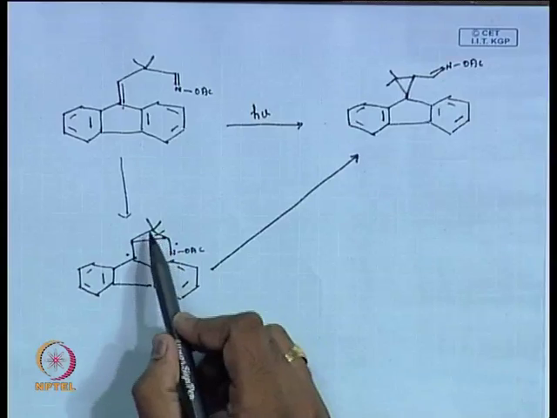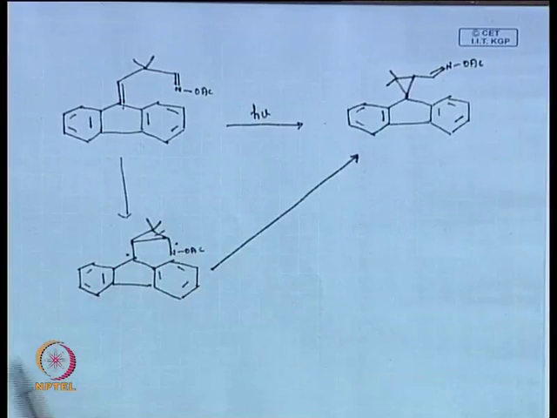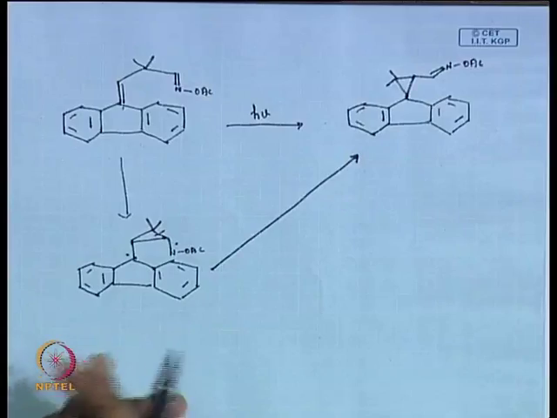Because once you cleave this, you can make a cyclopropane here with your imine, fine. This is the di-π-methane rearrangement, fine.